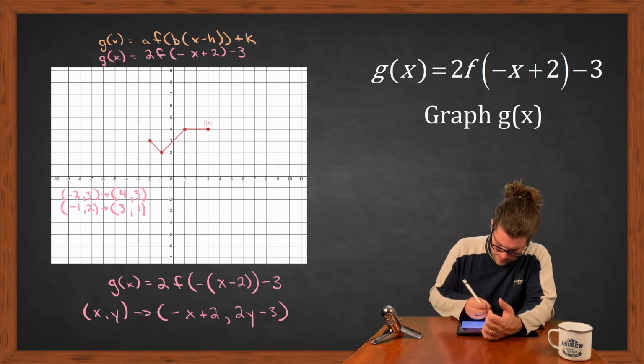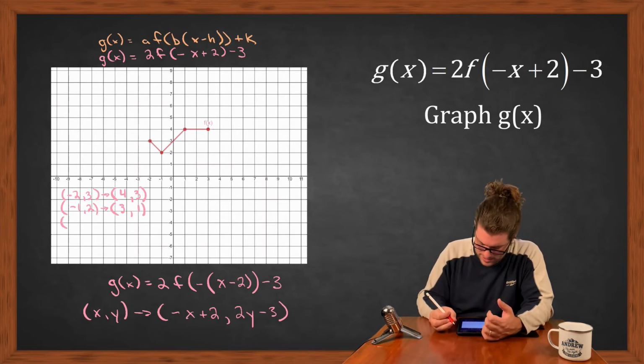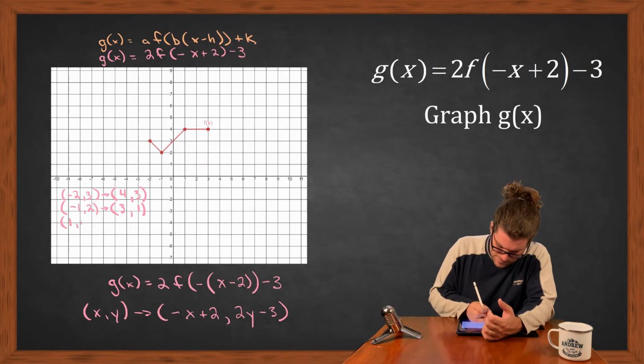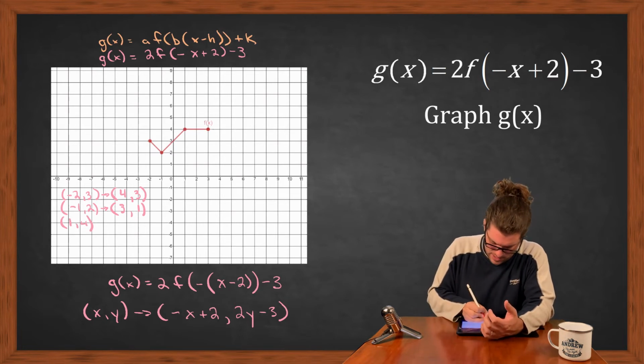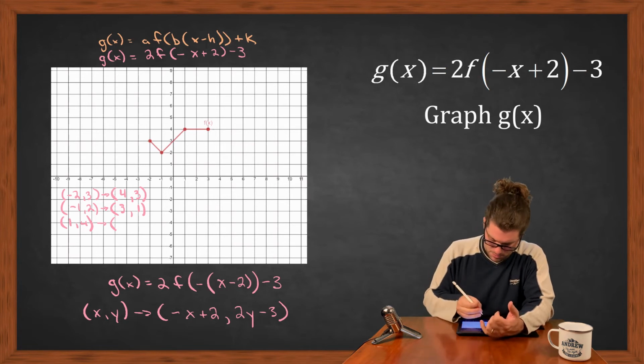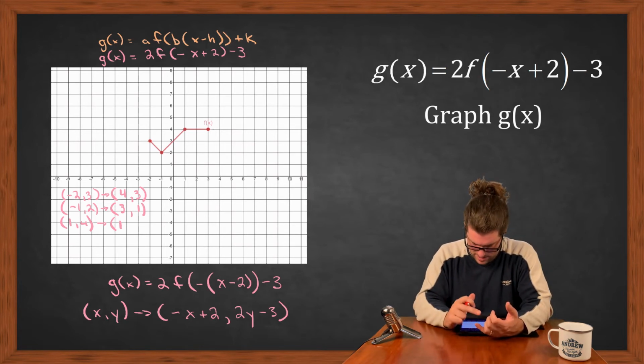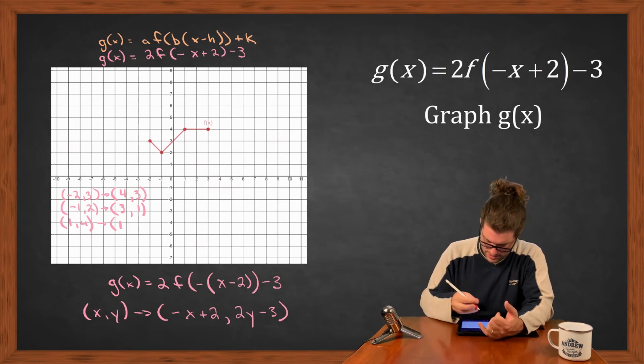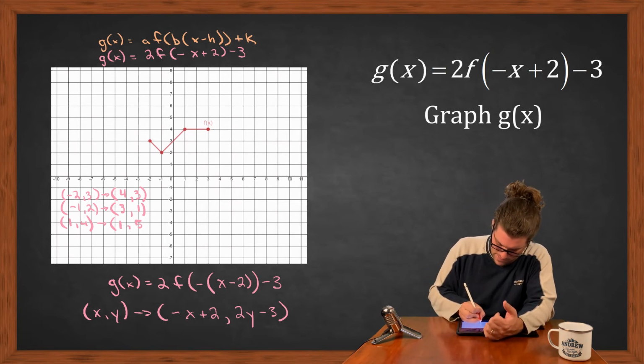So we'll get a 1 there. Moving to my next point, my next point is at 1, comma 4. The x value is going to be negative 1 plus 2, which is 1. And then for my y value, 2 times 4 is 8, minus 3 is 5.